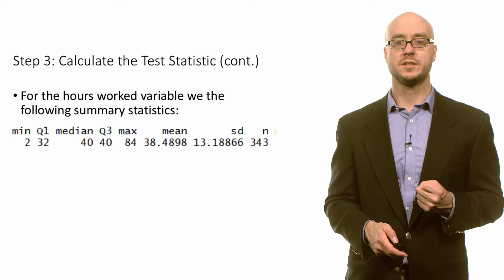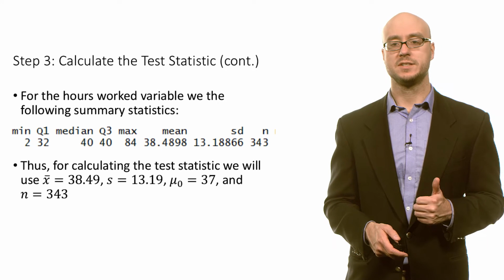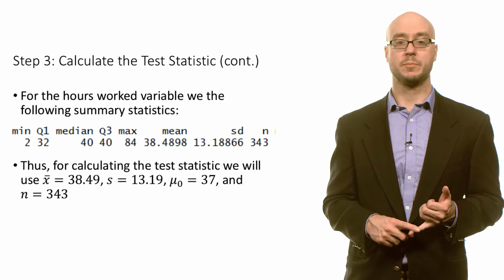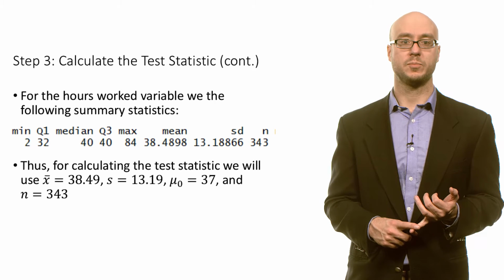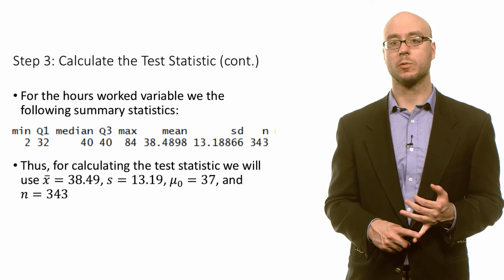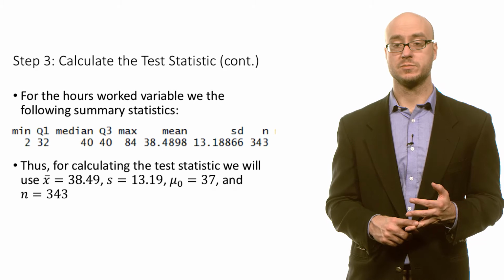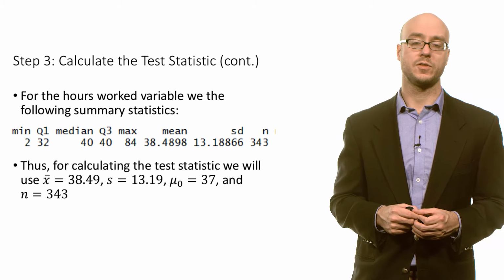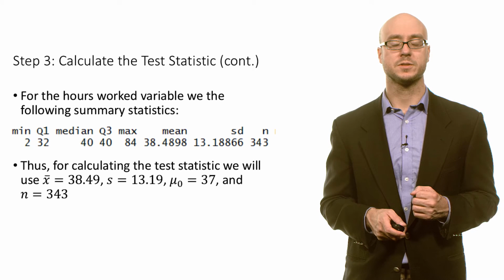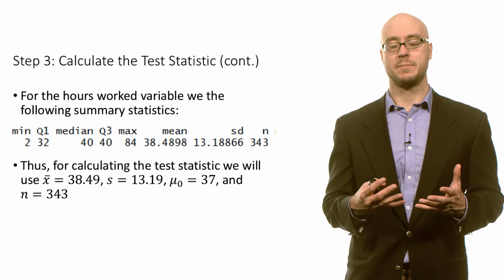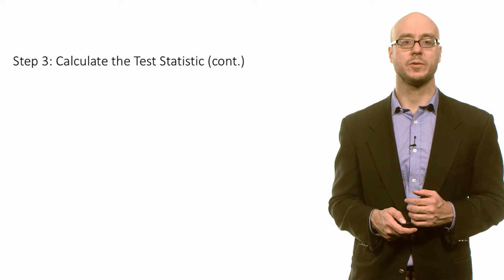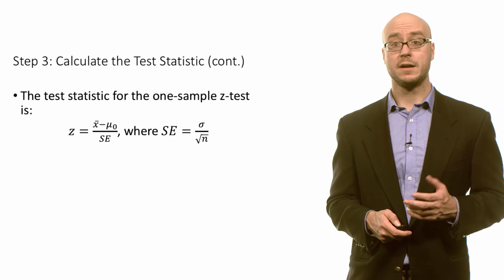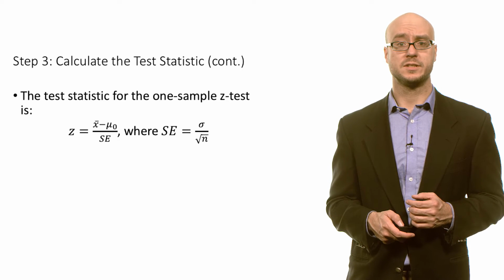We can look at the summary statistics, and for calculating the z-test statistic, we will need the sample mean, which is 38.49 hours per week worked, the sample standard deviation, which is 13.19, the claimed value of the CEO for the population mean, which is 37 hours per week, and then we have the sample size, which is 343 respondents. So we can calculate the test statistic for the one-sample z-test.